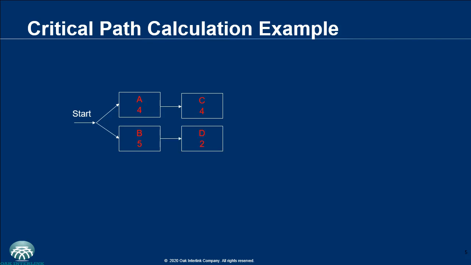So when the project starts, activities A and B can begin. Activity A has a duration of 4 days, activity B 5 days. Then activity C follows activity A with 4 days as well.